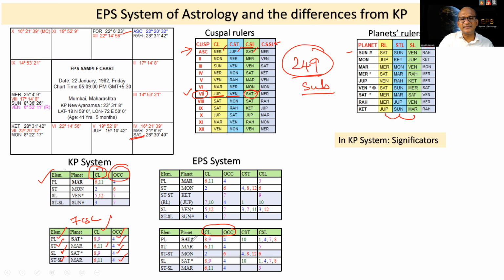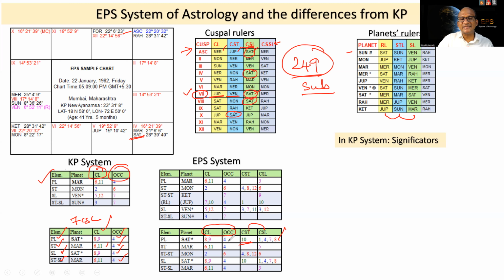But that Saturn is not only 8th lord and 9th lord, it is also the cuspal star lord for the 10th house. And it is the cuspal sublord for 1, 4, 7, and 8. You can see here, so we take these significations also in addition to the CL and OCC.